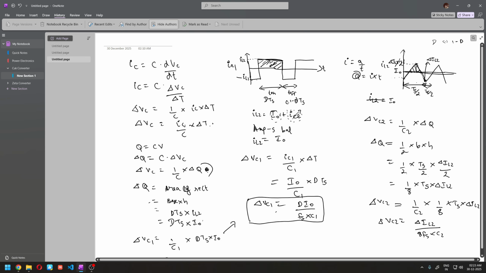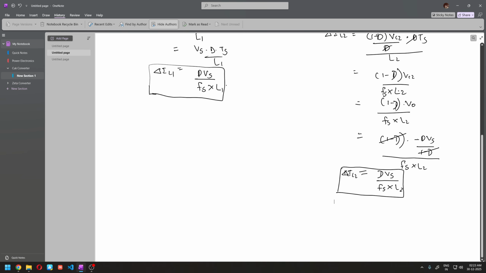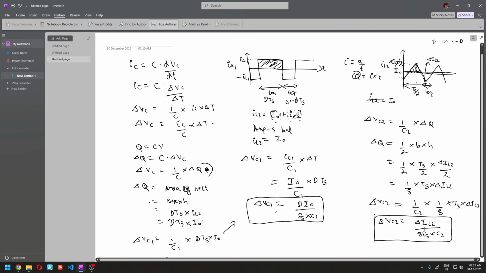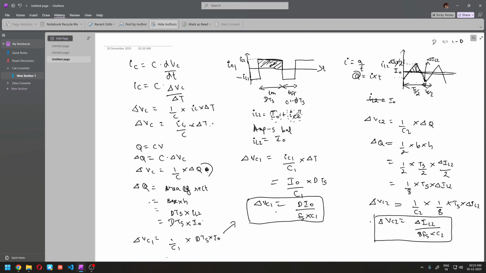So finally, this is your final equation, and you can substitute this delta IL2, which we found here, back into this, and you'll get everything in terms of the supply voltage if you want to do that. But this is good enough to find both of them.